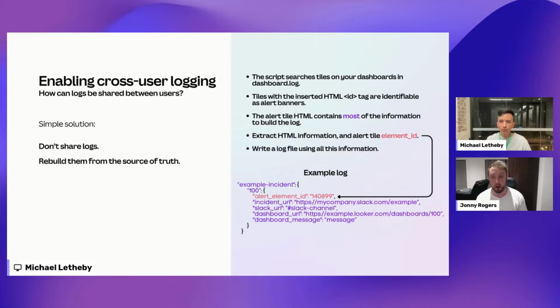When a tile contains that HTML ID tag that indicates that this tile was placed by Labs, all of the purple text in the example log here can be extracted from the HTML on that tile. Because we've also selected that tile as we iterate through them, the element ID, which I've shown here in red, can also be extracted. The information just then needs rearranging into the format we see here in the example log and saved, and voila, we have the same log as all of our teammates.